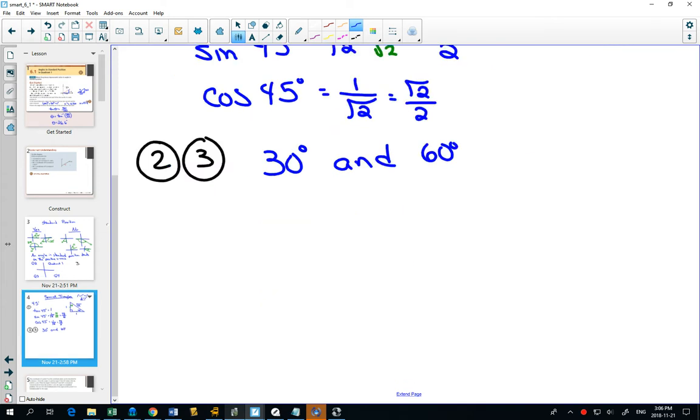So I'd like you to draw a triangle, a right-angled triangle, and label the bottom right-hand corner with 60 degrees. What does that make the other angle? 30 degrees.